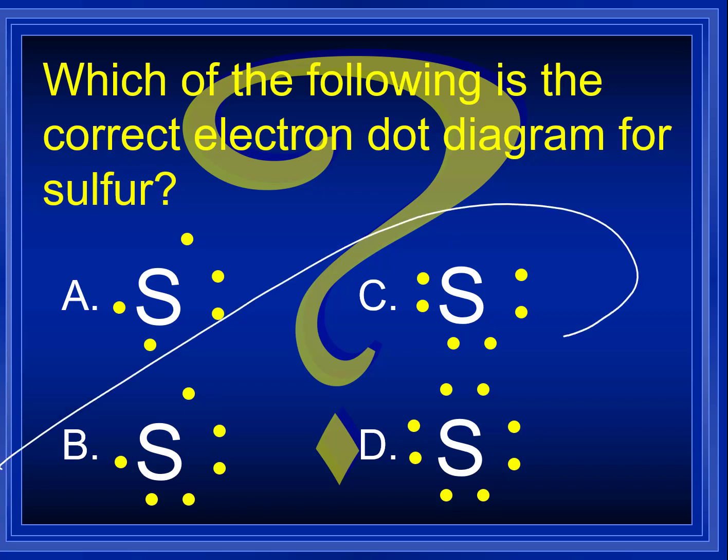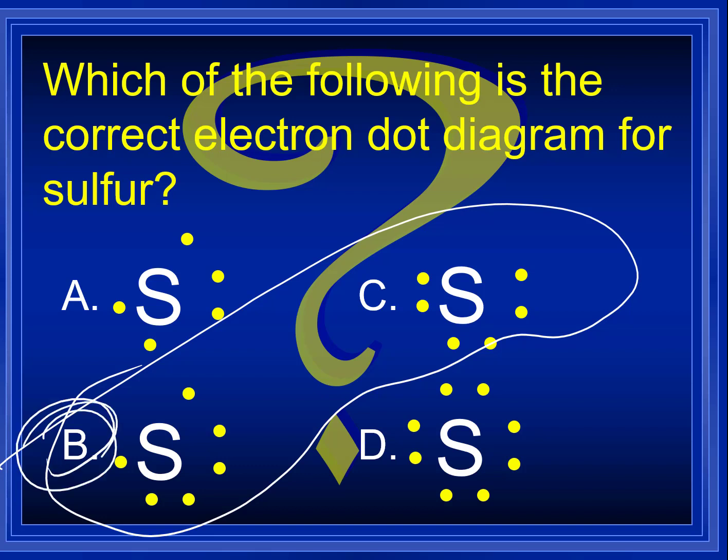So these two both have 6 electrons. It's B, because they don't pair until they have to. Look at that. Pretty simple set of rules, right? So when I ask you to draw electron dot diagrams today, you're okay.